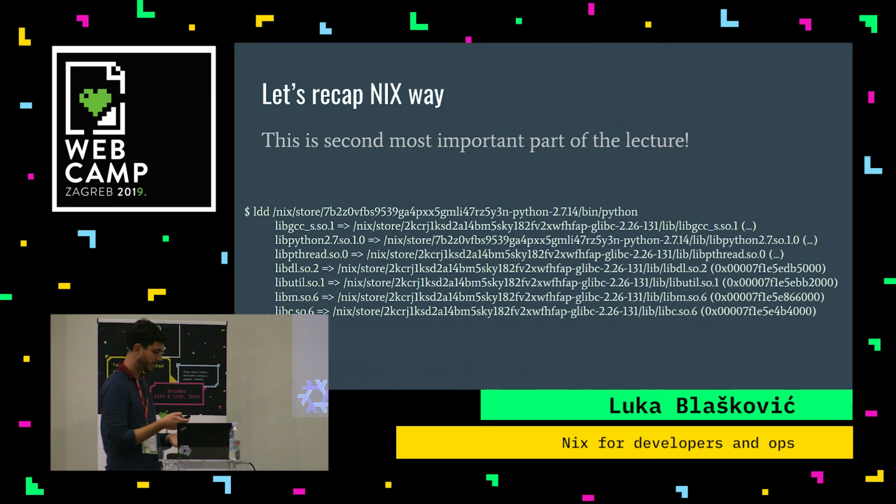We can also see that in this store, everything is self-contained. This Python is not using anything from our host system. Everything is located in this store, and we have exact, versioned links to dependencies. So we can guarantee that stuff executed anywhere will run with the same stuff we defined.